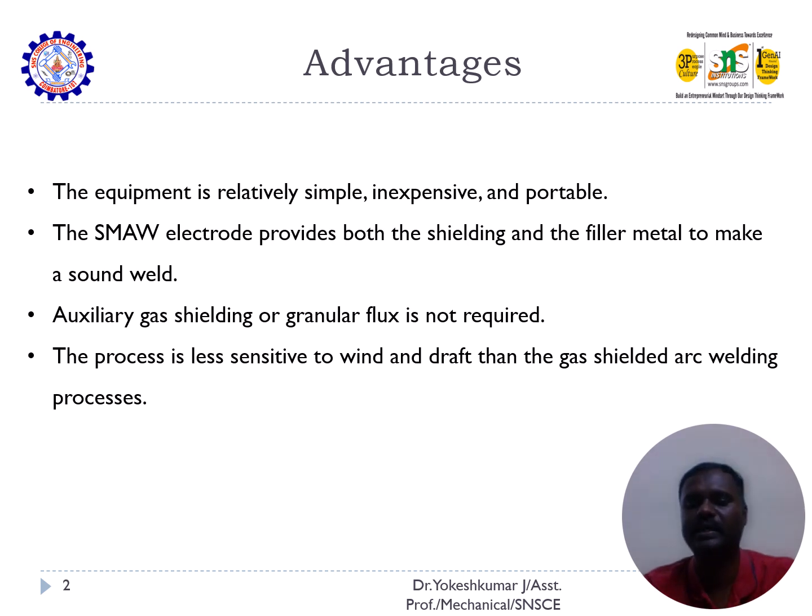If you use additional filler metal, it is not simple, it is quite difficult, and we need a feeding mechanism to supply the filler metal. Since it is provided with inbuilt filler metal, it is very easy to use. And auxiliary shielding gases or granular fluxes are not required for this application.